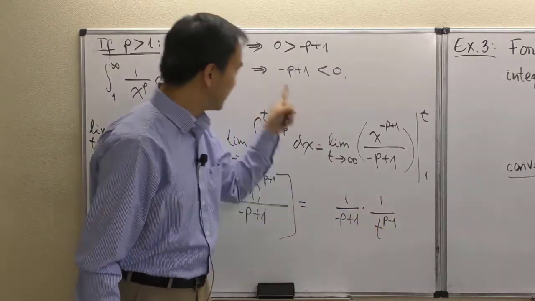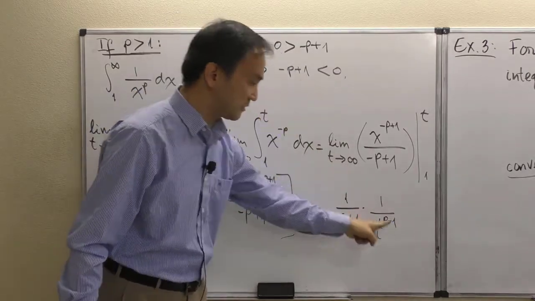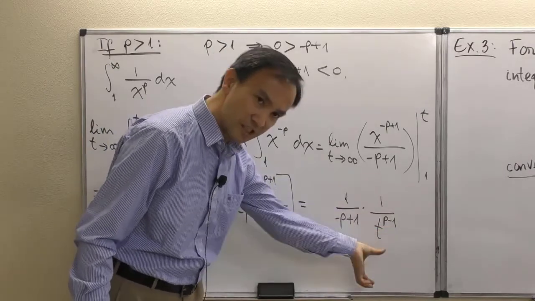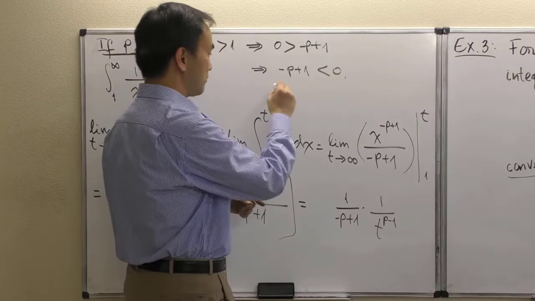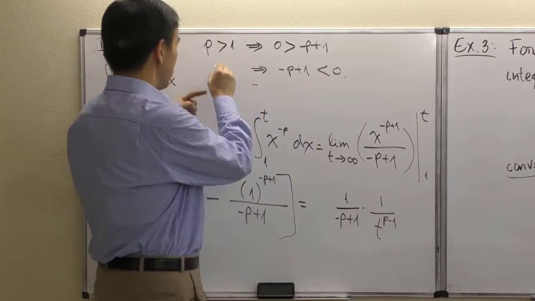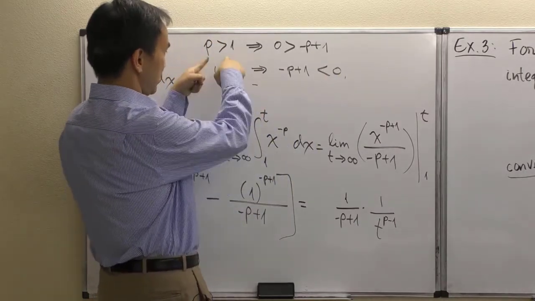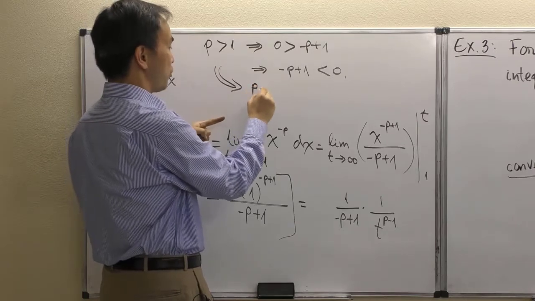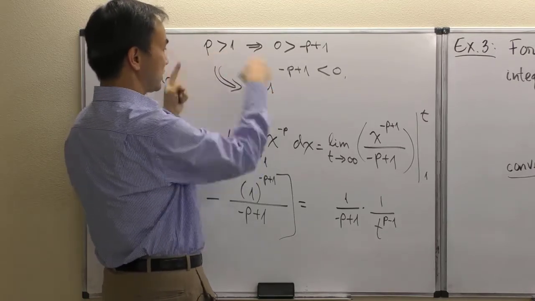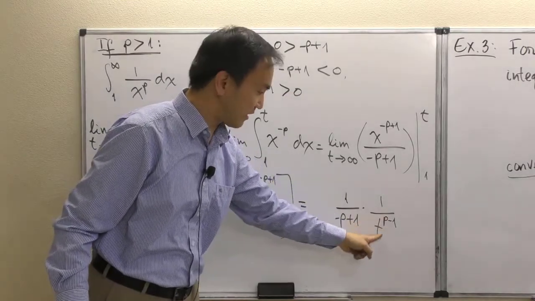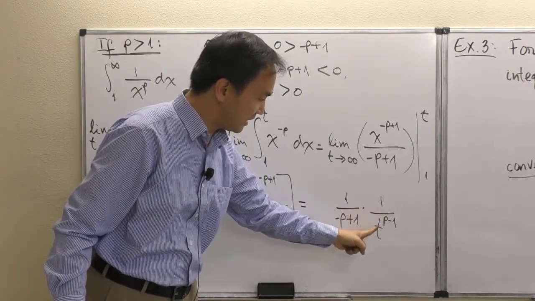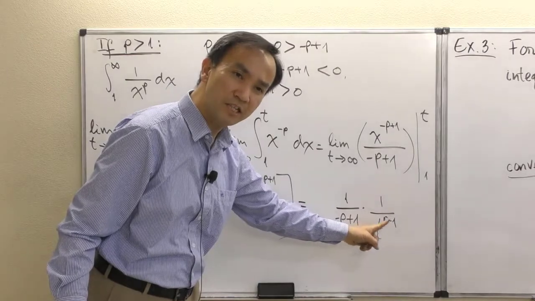These are the opposites of each other. Now the t is in the denominator. The p minus 1 here also implies that p minus 1 has to be positive, and that's why it's in this form. So now we have a 1 over t to a positive power in the denominator.